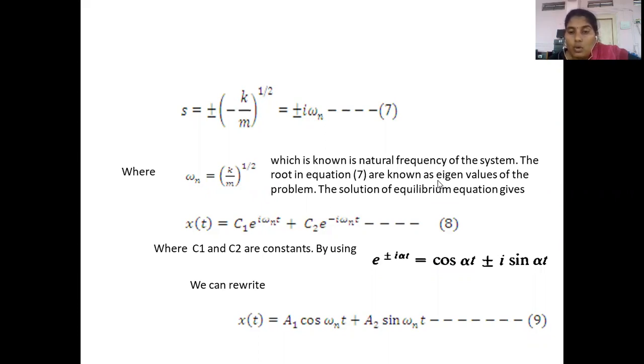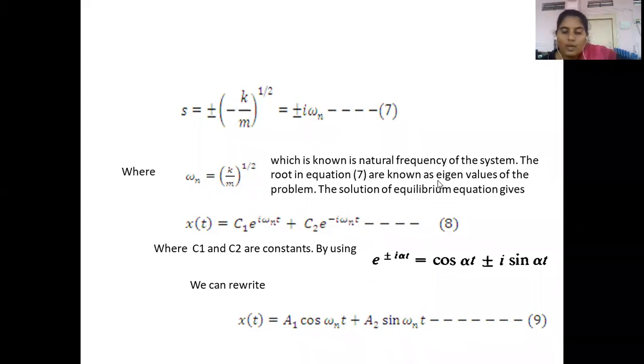And the solution of the equilibrium equation gives x of t value in terms of S1 and S2.